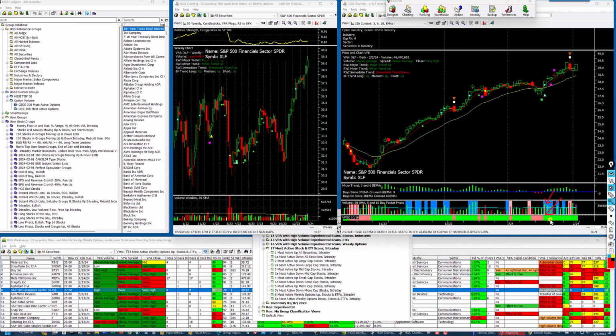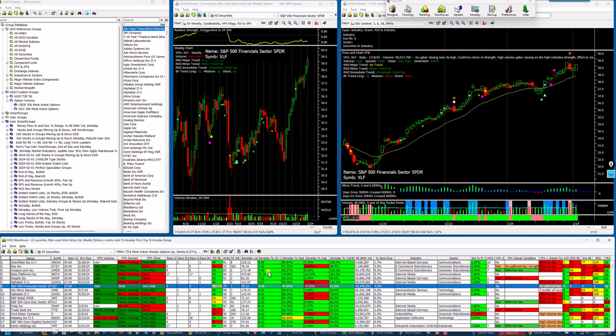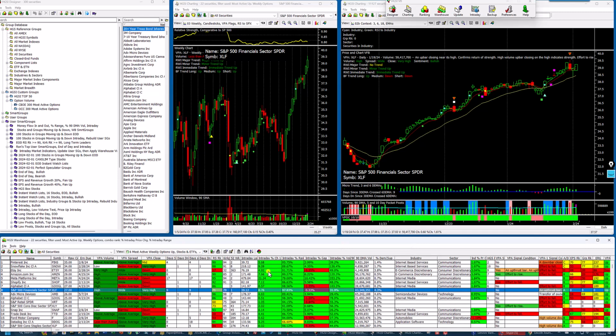These blue bars indicate heavy volume right after we were getting these VPA flags. Obviously, it would have been best to buy it right here on this effort to rise with the confirmation, but if you're playing options, this is a good place to look for where the action is.